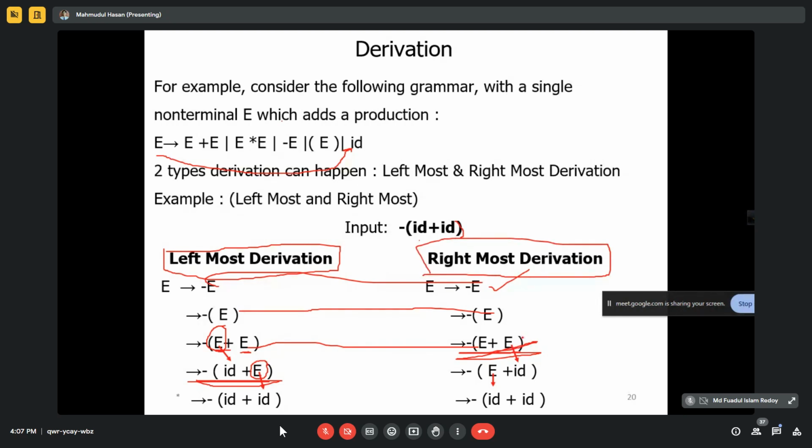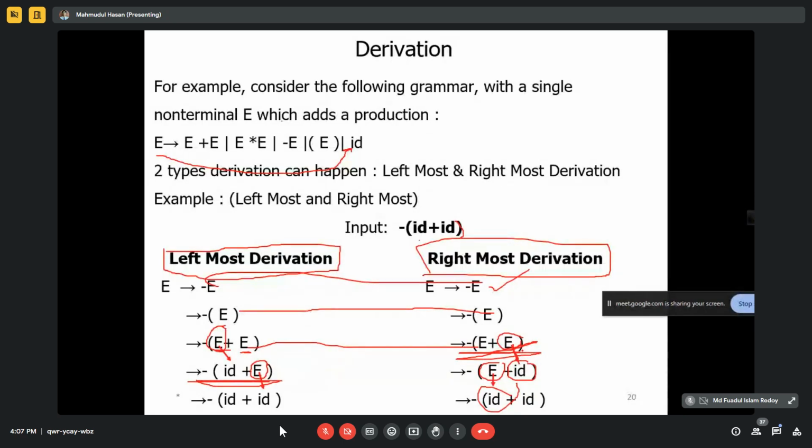So you need to choose the rightmost non-terminal and convert it to terminal. So you choose E to ID first, then this E to ID. That means here you choose the rightmost non-terminal first, then go right to left. Got it? Now the concept is clear.